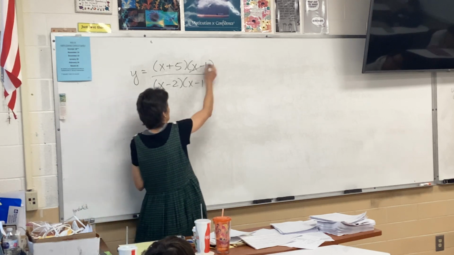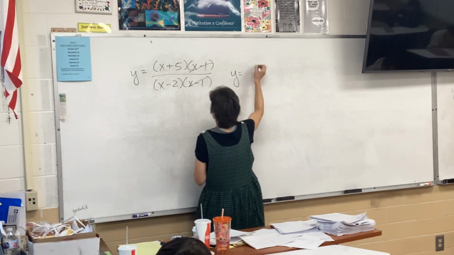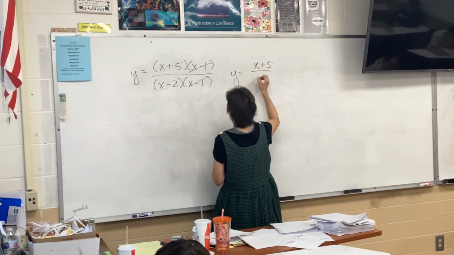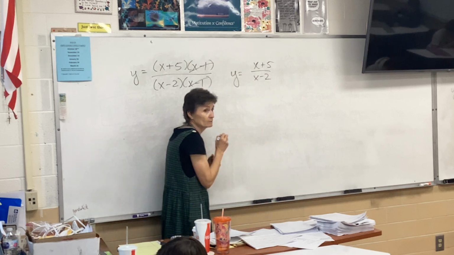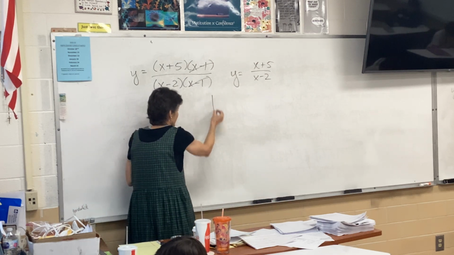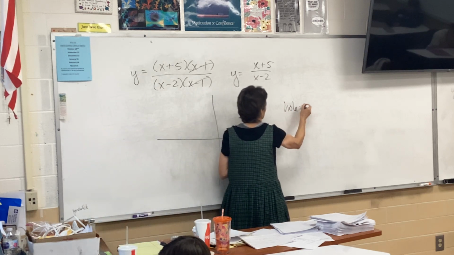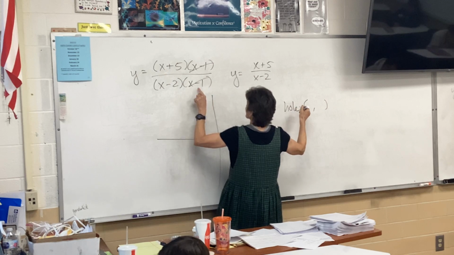So did you notice you had it canceled? So now your problem is really x plus 5 over x minus 2. But because you canceled, you're going to have a hole where? At positive 1.